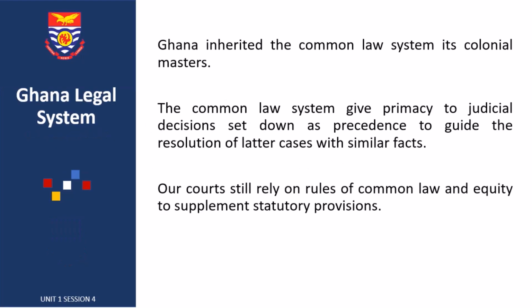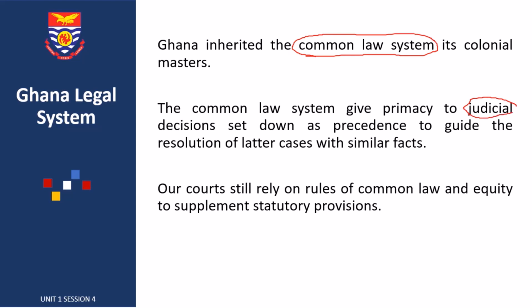Ghana Legal System. You should understand that Ghana inherited the common law system from our colonial masters. The common law system gives primacy to judicial decisions. So, judicial decision, that's when a judge makes laws.